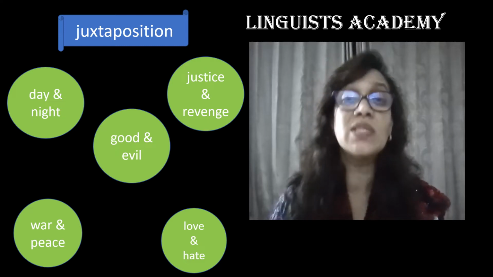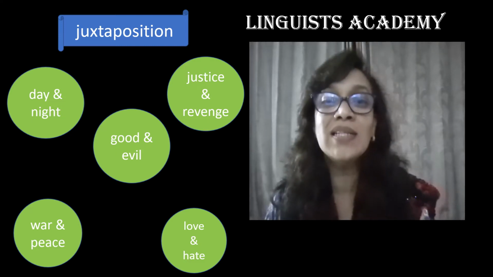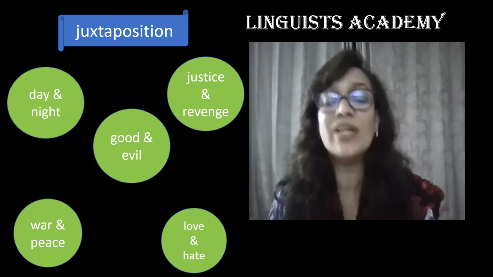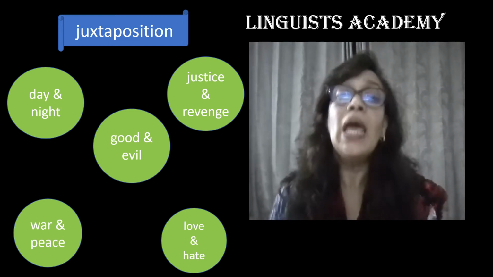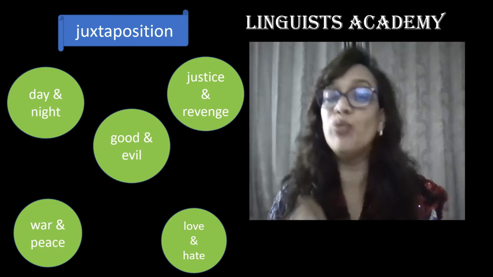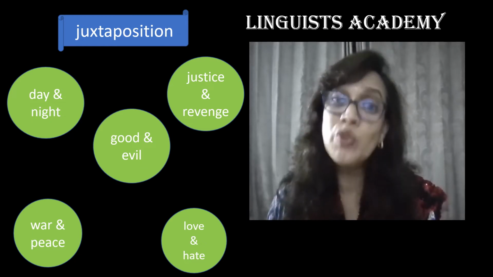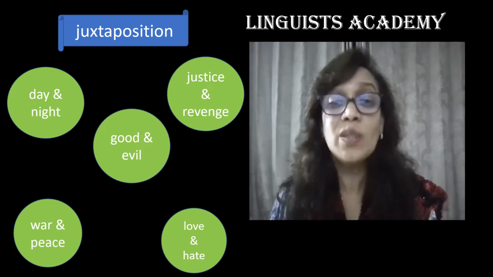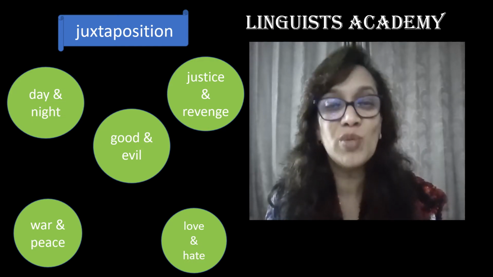Now what happens by this way of contrast is that each element, which is contrast in nature, each element brings out its stark uniqueness, and when put together it brings out a different kind of beauty.